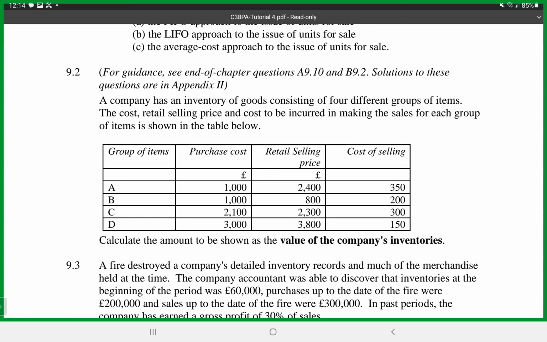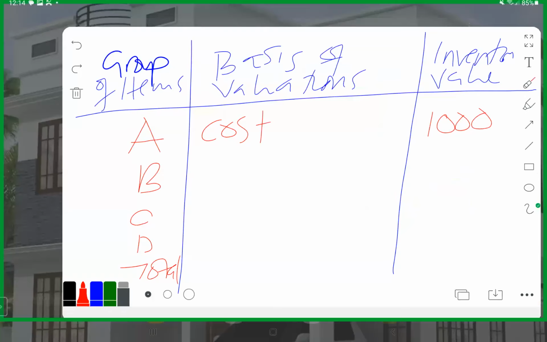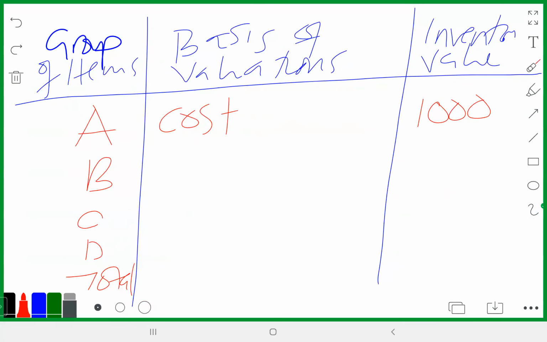So for example, the retail price here for item B is 800, right? You less 200, the cost of selling, and that gives you 600, isn't it? So that's the value of inventory that you write here for the second item, 600.